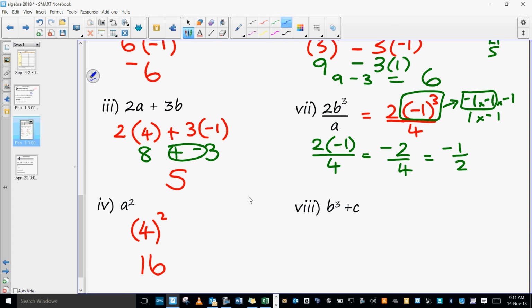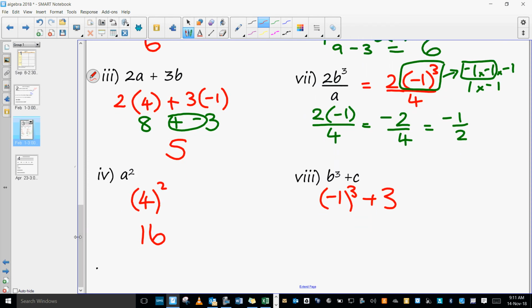Alright, our last one. Okay, go Maya. Bracket, and then -1. Power 3. Lovely. Plus 3. Should we do our noggins first? I already know the answer. Oh, listen to you. It's easy. -1, remember what did this mean, Maya?